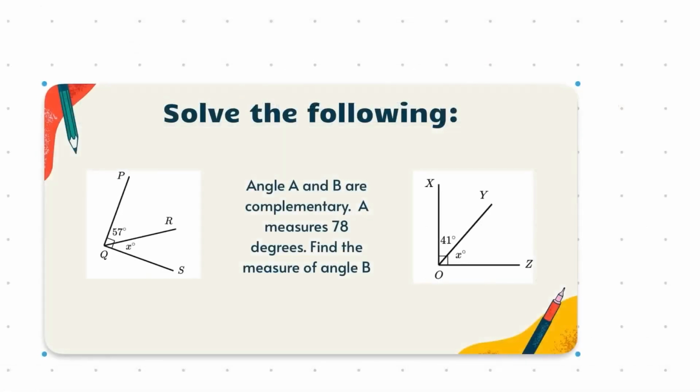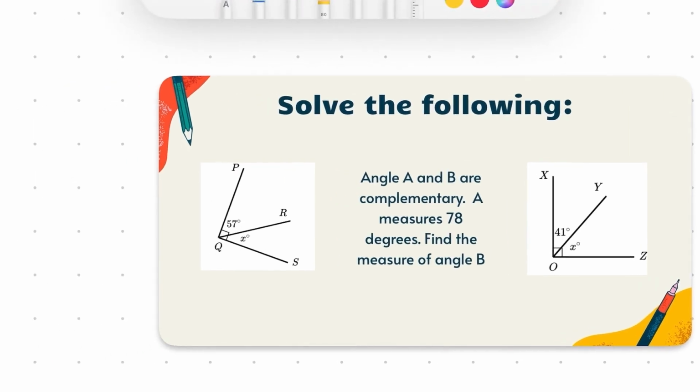Okay, now let's try out some practice problems. I hope all of you can pause the video and give them a shot. So let's get started. For the first problem, we're given a diagram with a right angle and a missing angle measure x. The way I know this is right is because of this symbol right over here. So how can we solve for x?